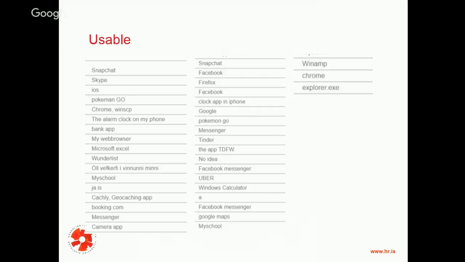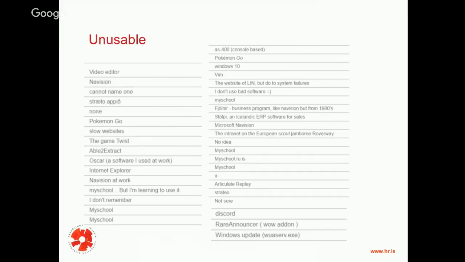Then this was an interesting list of usable systems. This is everything that you said. So I didn't really group this. There were some that mentioned that Pokemon Go was usable. I haven't tried it myself. There is actually somebody also that says it's unusable.